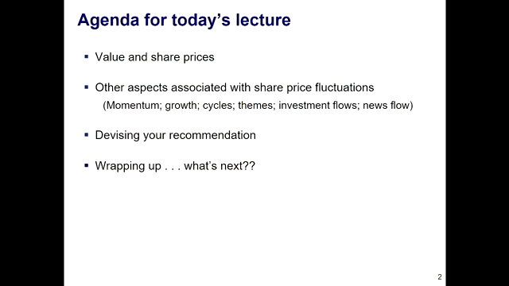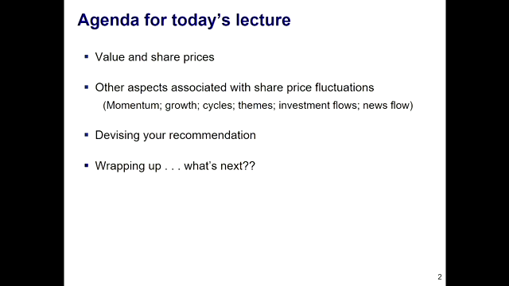There must be something wrong with this sector. So that's what we observed, a huge sell-off of the technology companies. So the price can diverge from value for an extended period of time.